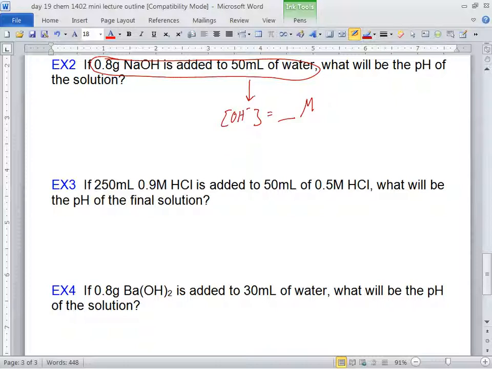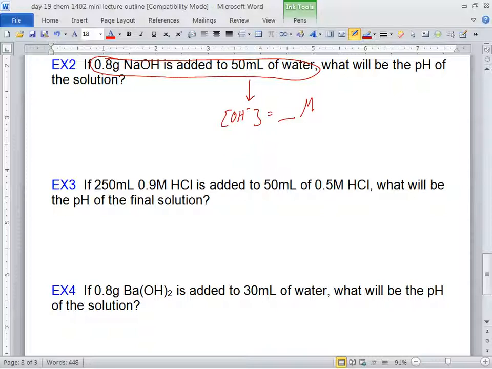And why? Yeah, so we can do all the calculations. But why is the concentration of NaOH equal to the concentration of OH, which is equal to the concentration of Na, actually? It dissociates to what percent? Totally, 100%, because it's a strong base.